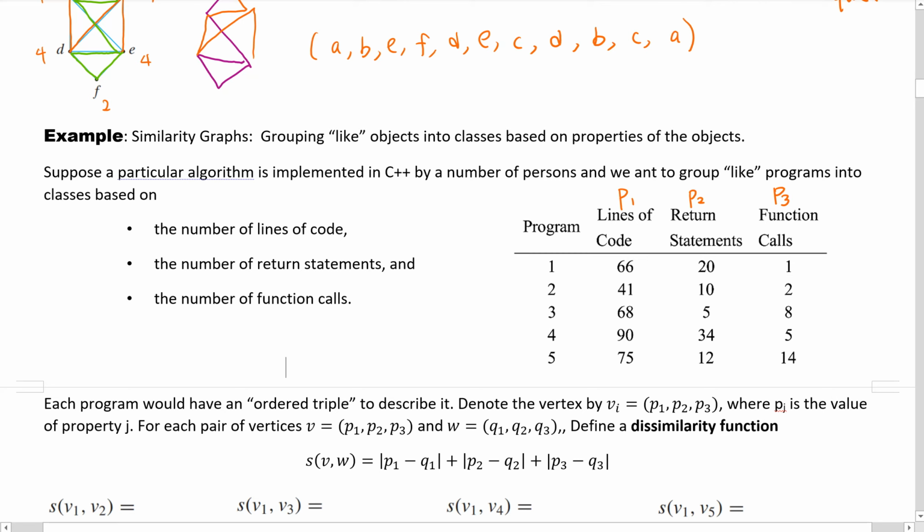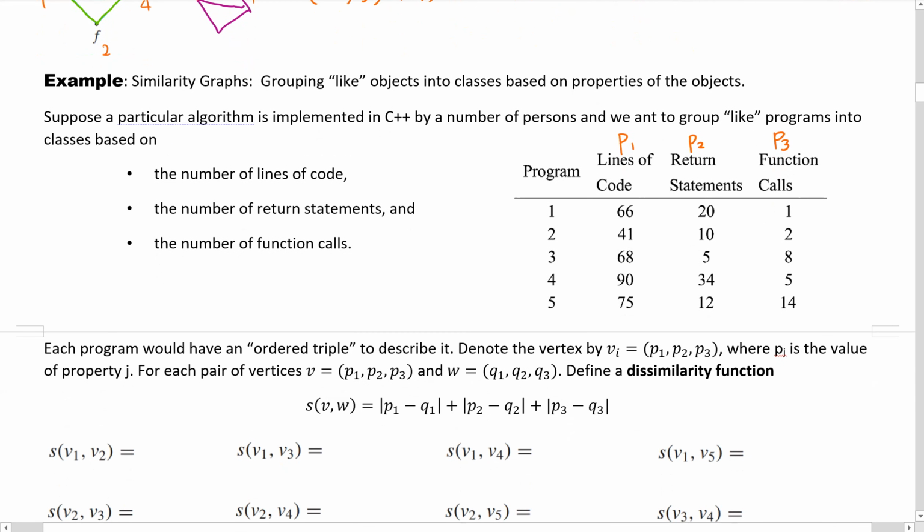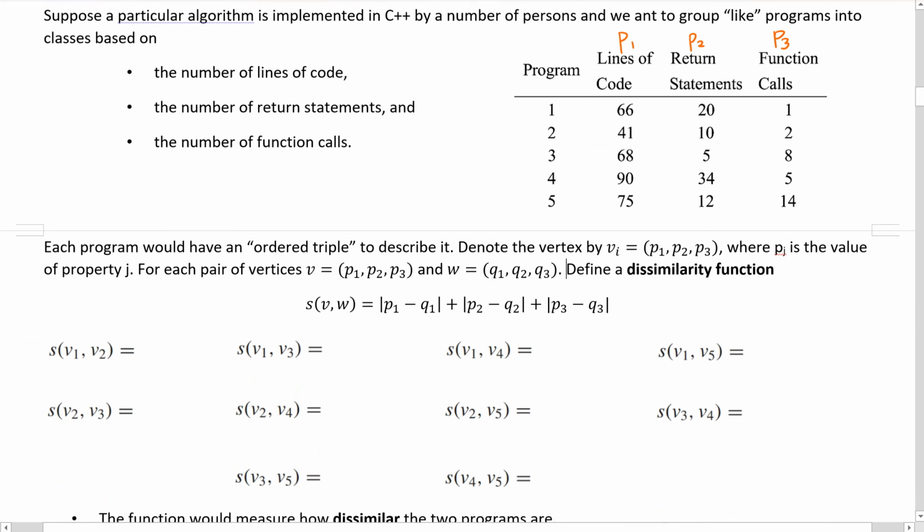For each pair of vertices, say v has properties p1, p2, p3 and w has properties q1, q2, q3, we can define a similarity function. S of v, w is the difference between all the properties: the absolute value of p1 minus q1, plus the absolute value of p2 minus q2, plus the absolute value of p3 minus q3.